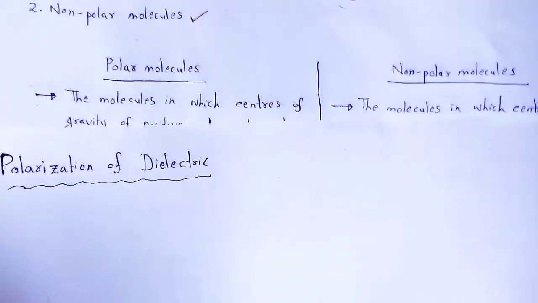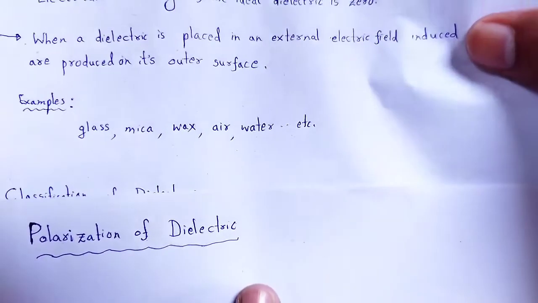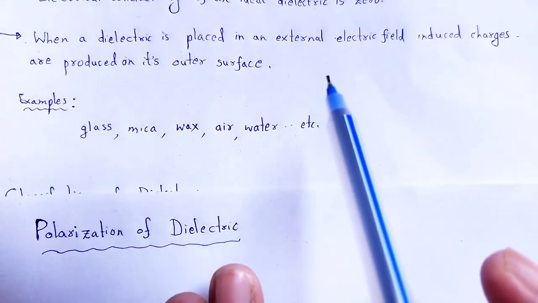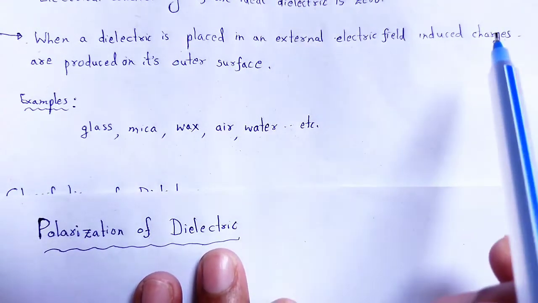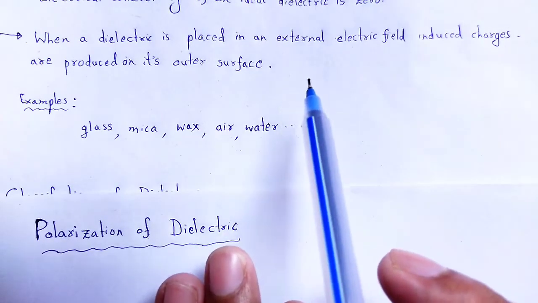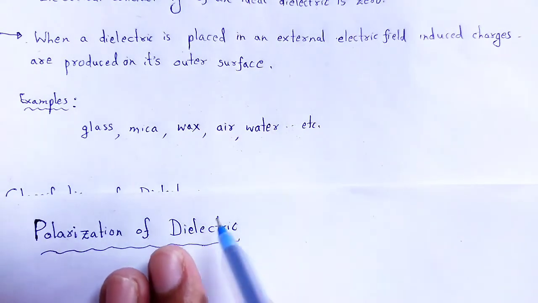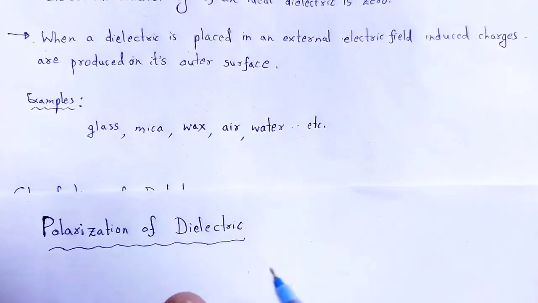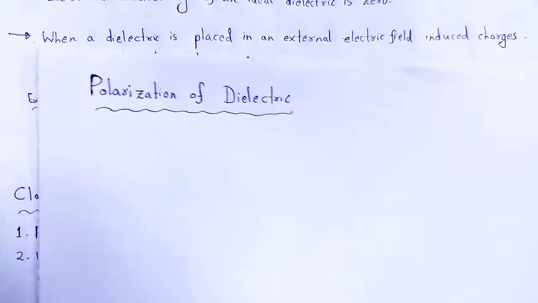Look at this point and remember it. When a dielectric is placed in an external electric field, induced charges are produced on its outer surface. That point can be explained through the process of polarization of a dielectric. Let us see. If the molecules of a dielectric are polar, then in the absence of an external electric field, the molecules are randomly oriented and the net dipole moment of the dielectric is 0.